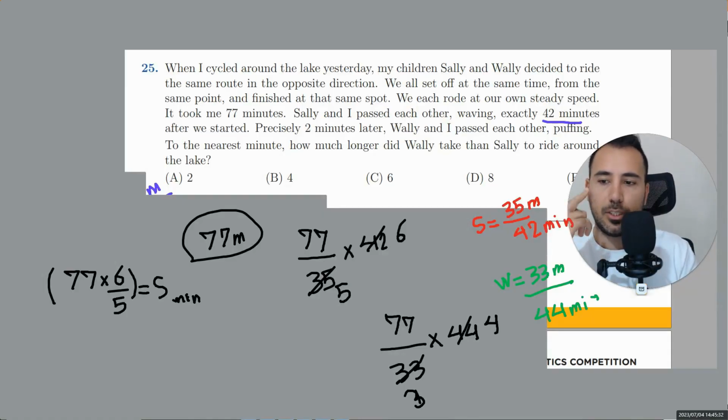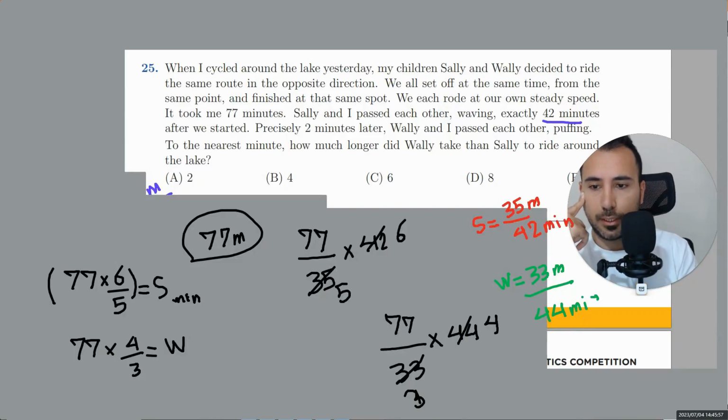So this would be 77 multiplied by 4 over 3. That would be how many minutes it will take for W. You see the reason I didn't multiply it? Because I didn't have to. Now W was slower, so it will take more time for him.